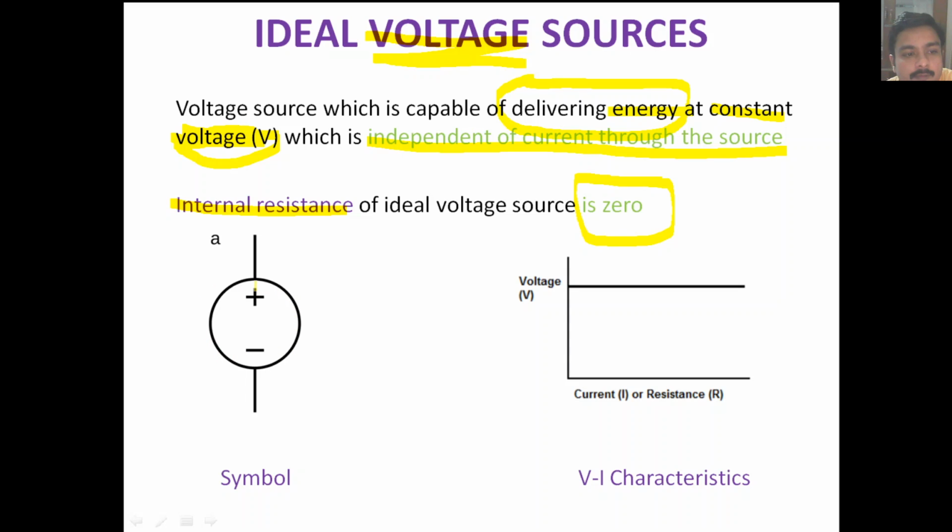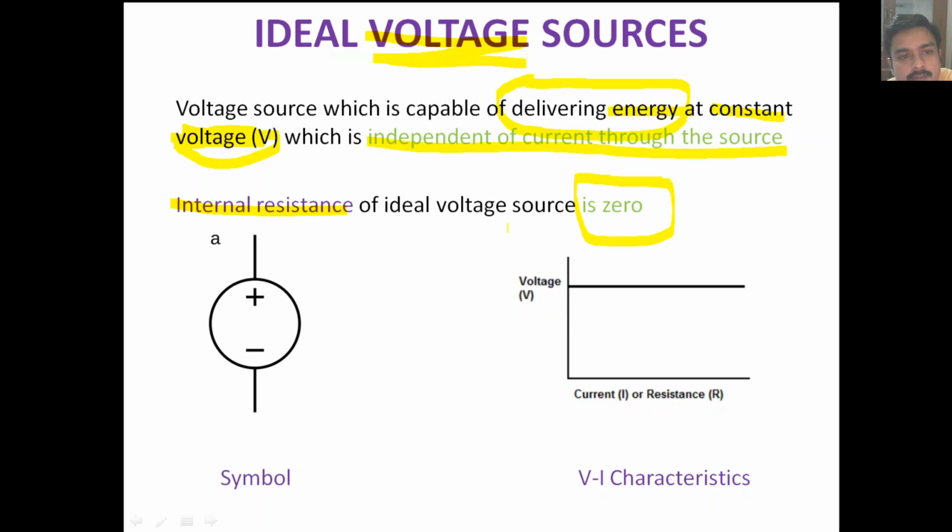The circular shape cannot be changed into triangular or rectangular, because that will change the nature of the power source. So for the ideal voltage source we choose a circular design, and then we choose plus and minus as the polarities of the voltage source. Moreover, since the internal resistance of the ideal voltage source is zero, we don't mention any resistance either in series or in parallel with the voltage source.